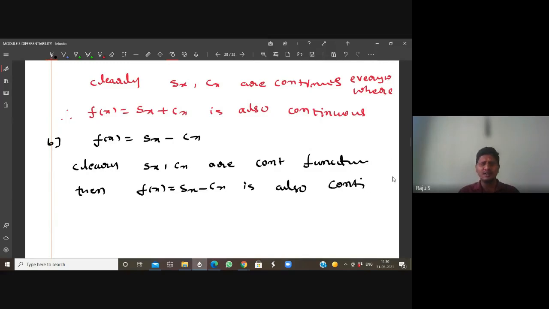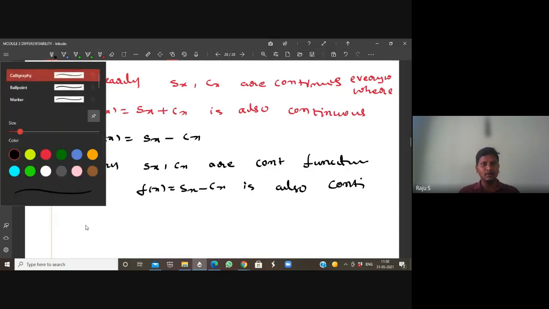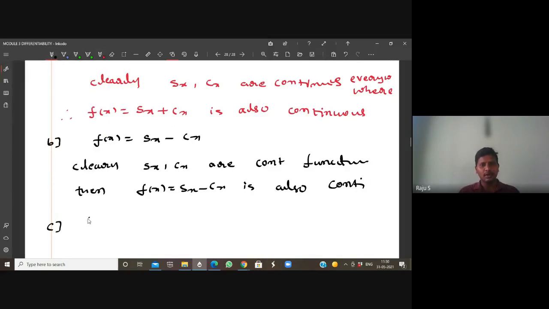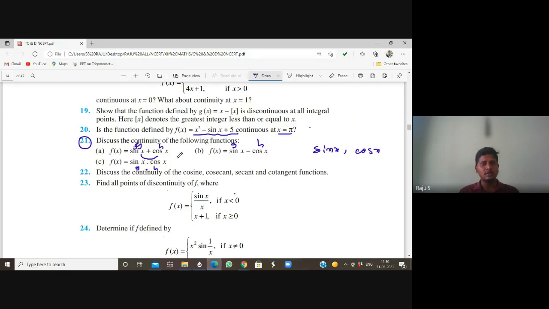Then the third subdivision, what will you write here? Third, f of x equal to sin x into cos x. Here also you can write the same procedure. Is it clear, students? Understood? Sin x and cos x you can prove separately. If you understood this very clearly, 21 and 22 become easy.